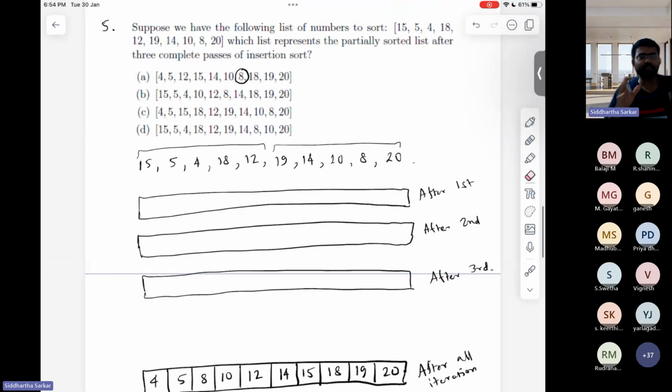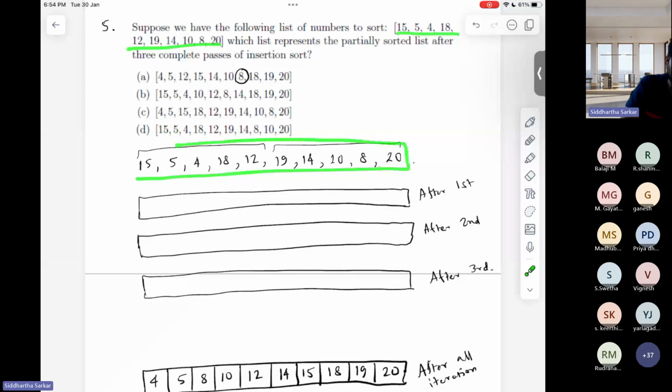So let's understand what he said. Let's understand how insertion sort works. Insertion sort means that you're inserting something into something. So in the first iteration, we're looking at this unsorted list of numbers.